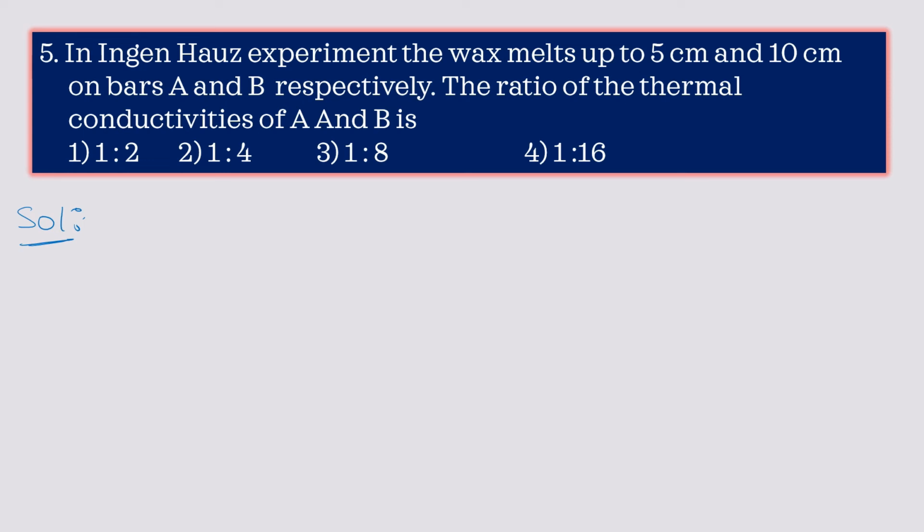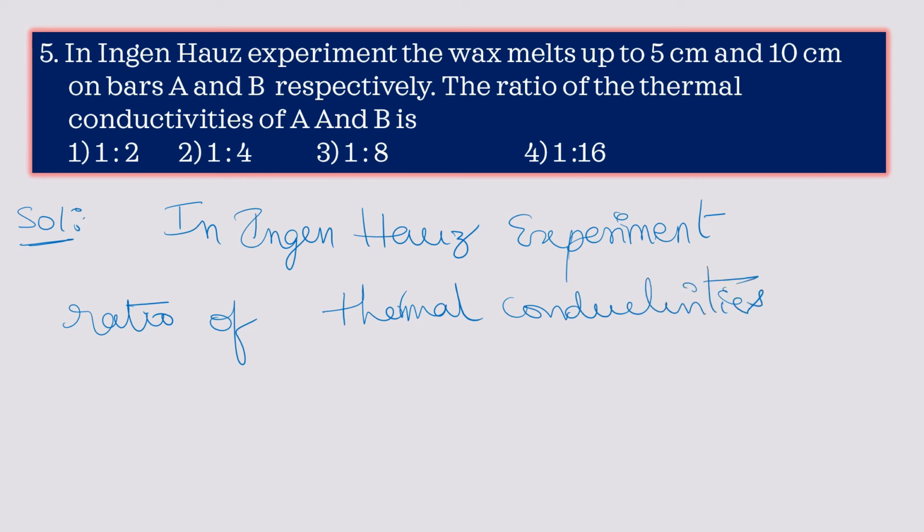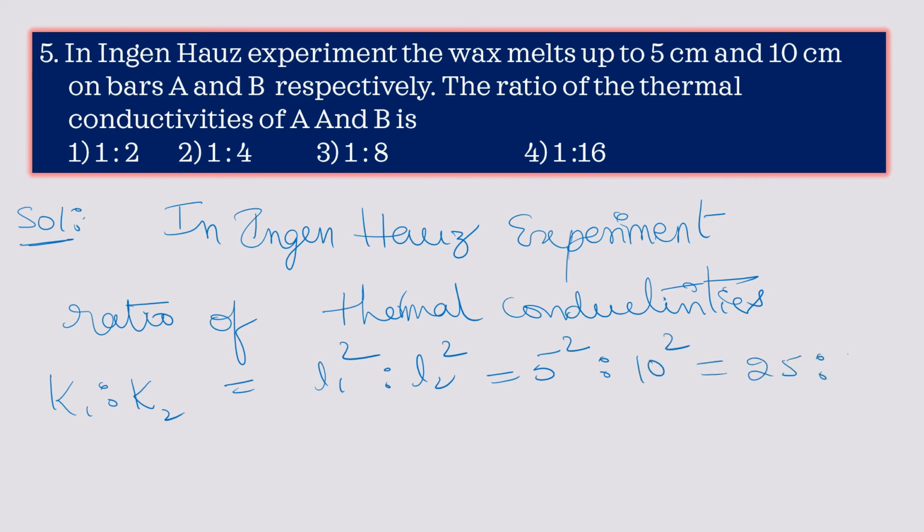In Ingen Hausz experiment, ratio of thermal conductivity is K1 is to K2 is equal to L1 square is to L2 square, that is equal to 5 square is to 10 square, that is equal to 25 is to 100.